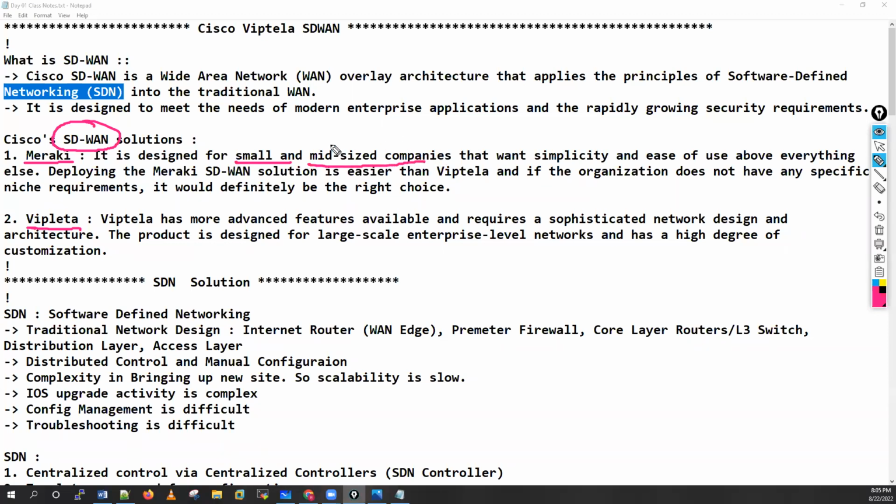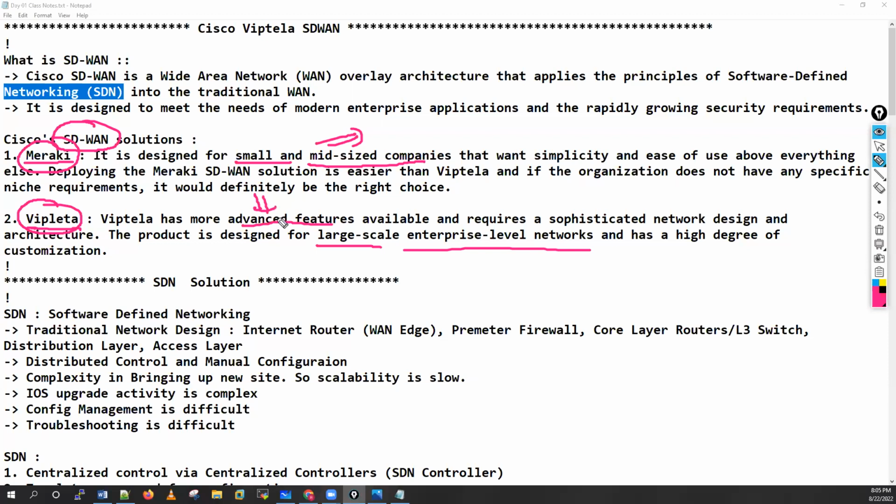So if you have a small organization, this particular solution is designed for those companies. Now, the Cisco Viptela SD-WAN solution is designed for large scale enterprise networks and enterprise customers. It also has some advanced features, which you will not get in the Cisco Meraki solution, but in Cisco Viptela you will get all such features.